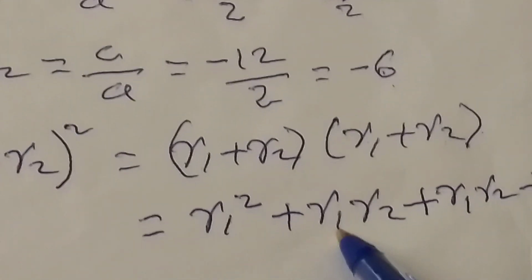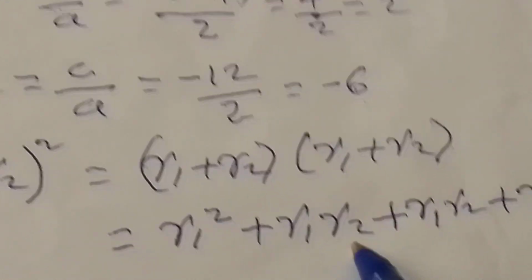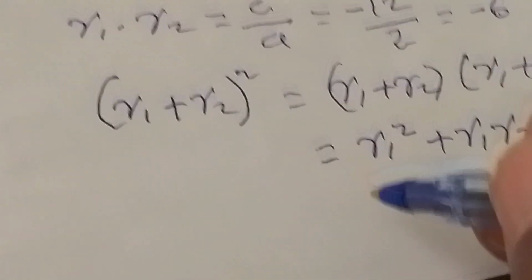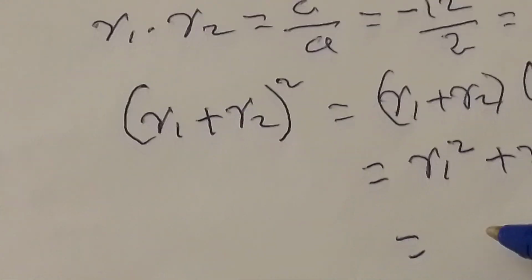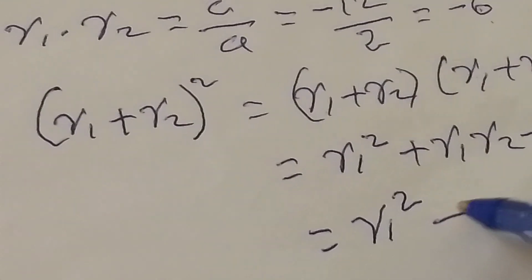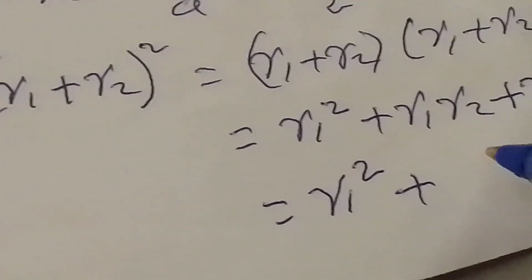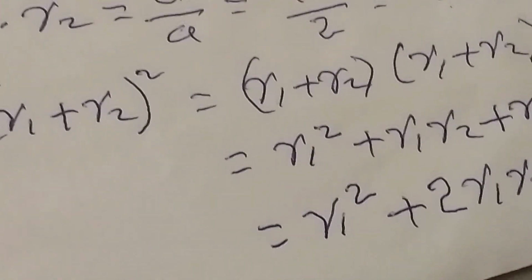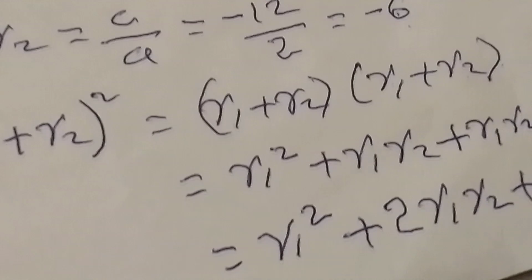Then collect like terms, r1 times r2 twice: r1 square plus 2 times r1 r2 plus r2 square.